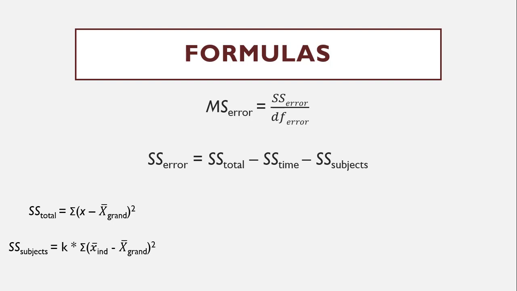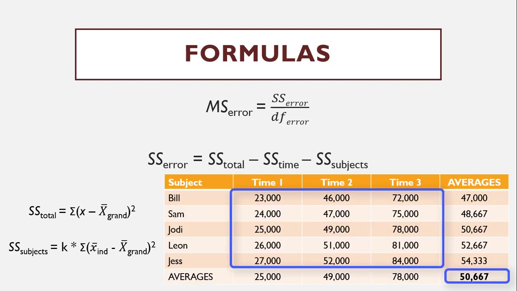So some of the things that you see in this formula for the sum of squares error, sum of squares total, and sum of squares subject. So sum of squares total is exactly what we saw whenever we did between subjects. It's each individual score. So all 15 scores, so the 3 time points, 5 people, we have 15 scores. We're going to subtract the grand mean of 50,667 from all 15 of those. So we can see that here.